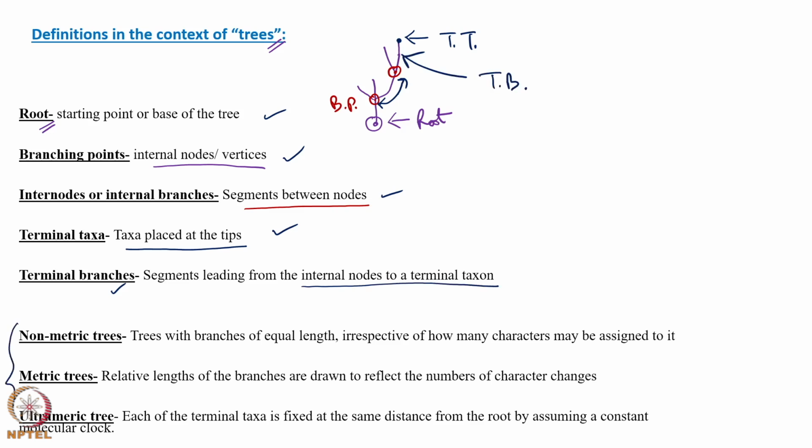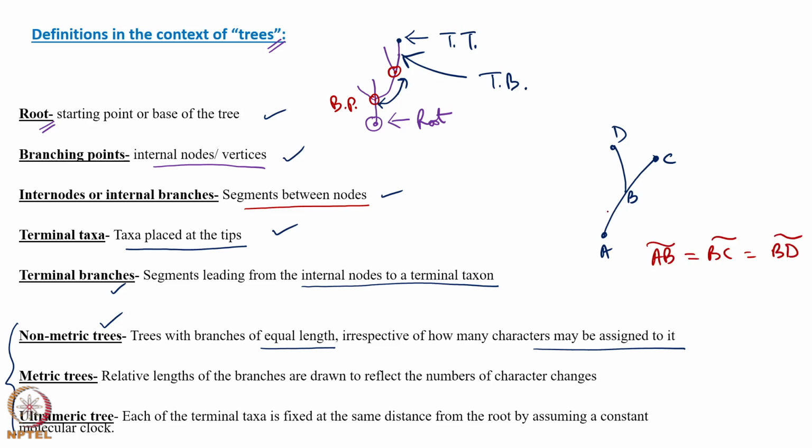Trees can be constructed in three ways. The non-metric trees are those with branches of equal length irrespective of how many characters may be assigned to them. Consider that the curved line length AB is equal to that of BC and equal to that of BD, even if here characters 2 and 17 came, here only a single character 1 came, and here came the characters 3, 5 and 9.